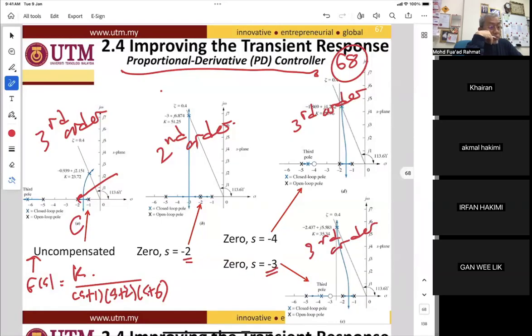But the shape of the root locus has changed from uncompensated, to second order, to third order with the zero at minus 4, and the second one, third order, which is at minus 3. You can see the curve there. When you see the zero, it is curvy at the real axis.